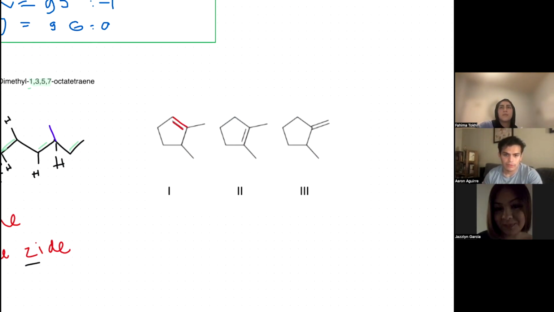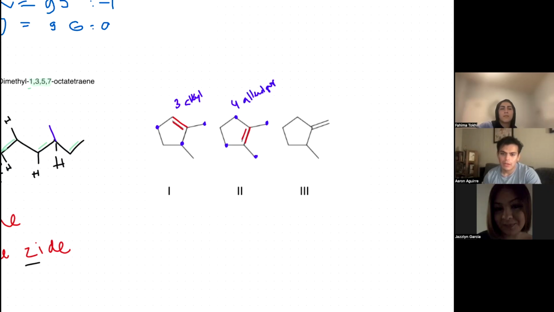There's one here, there's another one here, and there's another one there. So there's three alkyl groups. On this one, it has one, two, three, four. And this one has two.